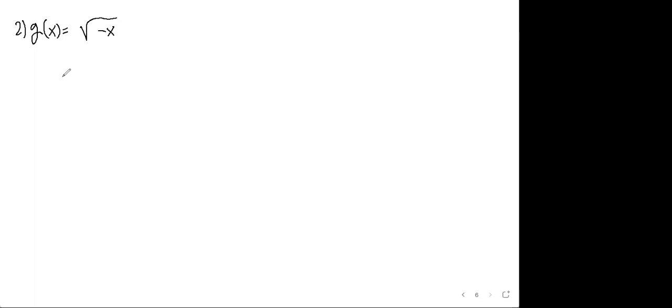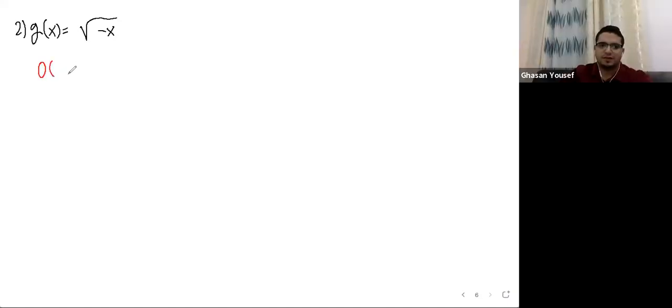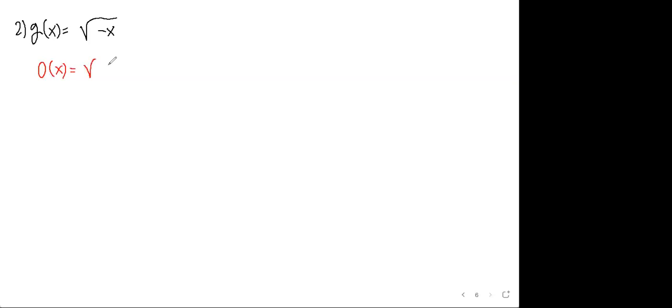The original function is probably square root of x, correct? Nice. The original function is the square root of x. This is the first step.